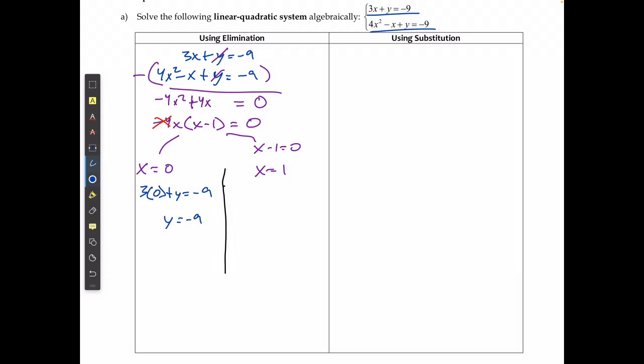On the other side, if I had 3 times 1 plus y is equal to -9, then 3 plus y would equal -9, or y would equal -12. And I'm going to write my two sets of solutions. This is going to give me a solution of 0 and -9, and this is going to give me a solution of 1 and -12.